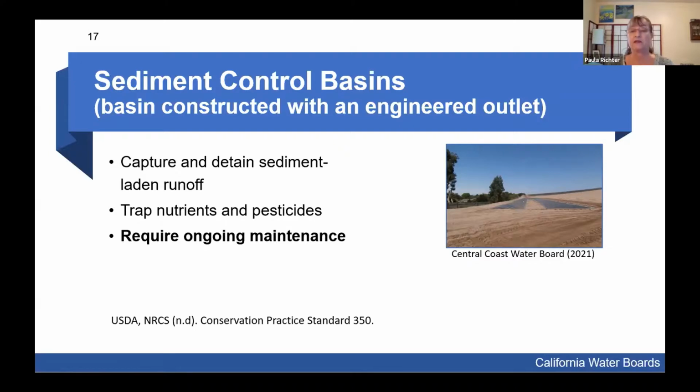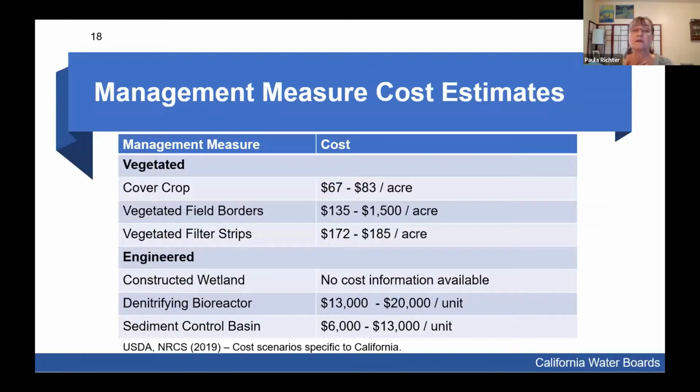So now let's take a look at some cost estimates for these management measures. This table is showing you management measure cost scenarios developed by the NRCS, the Natural Resources Conservation Service. And you can see that the costs are a little hard to compare because the units for vegetated measures are per acre, and the units for engineered are by unit.